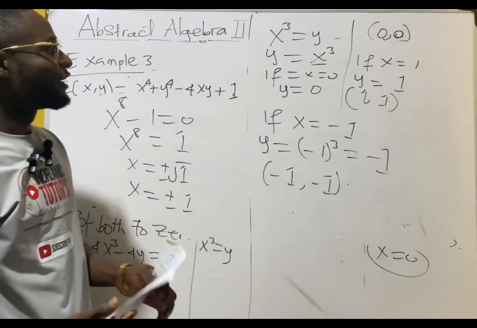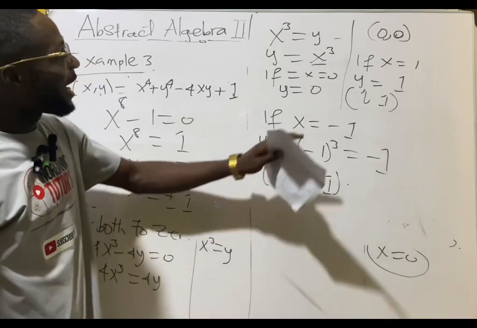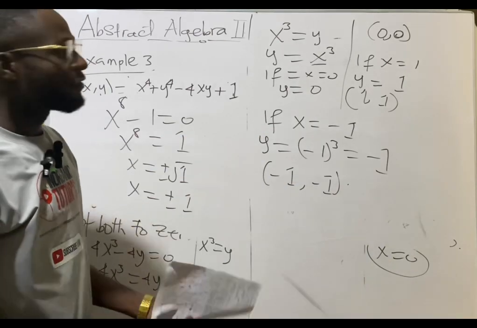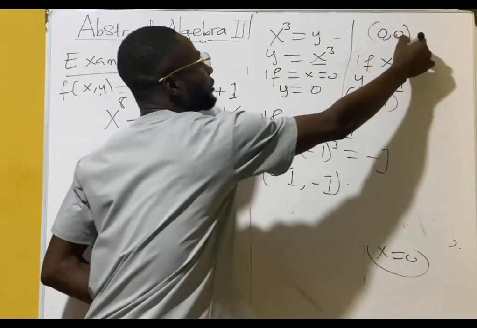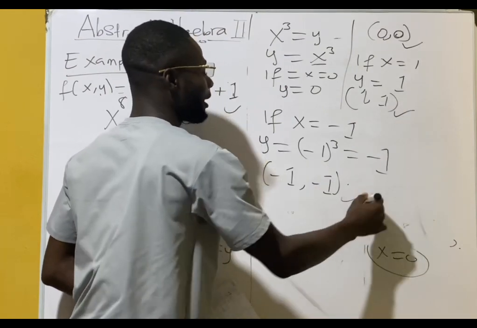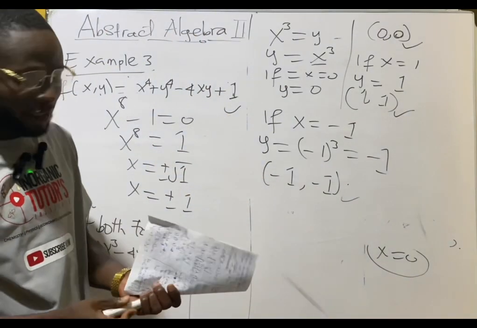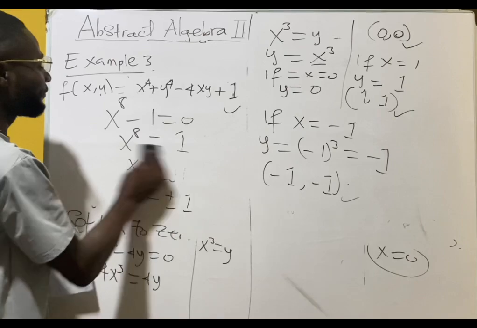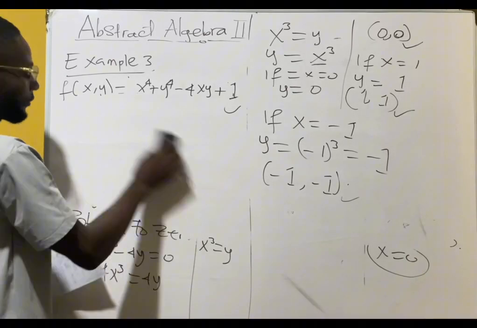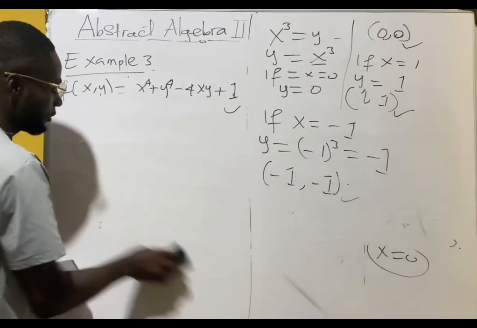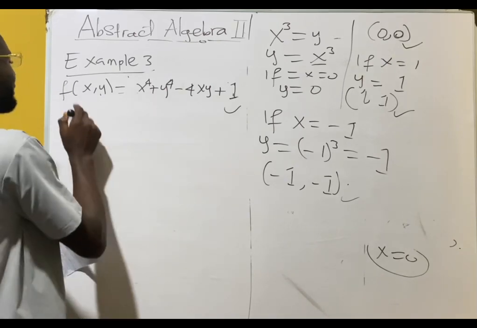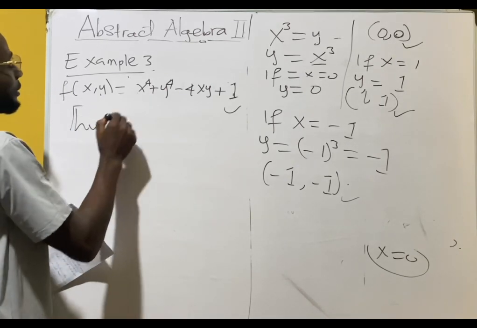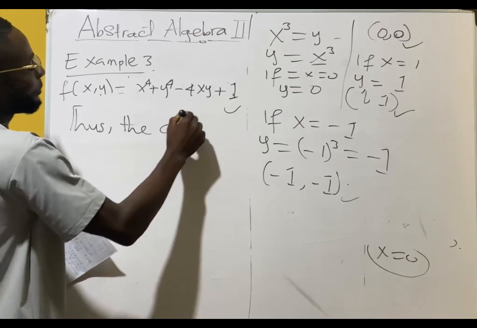Interesting, right? So these are the critical points for this particular function: 0, 0, 1, 1, and -1, -1. So therefore, those are the critical points.